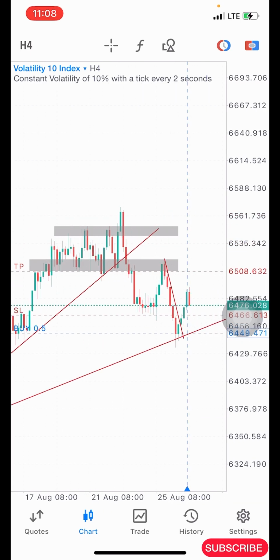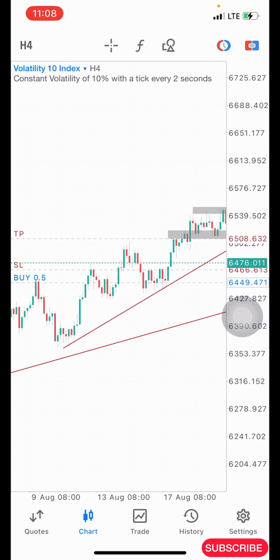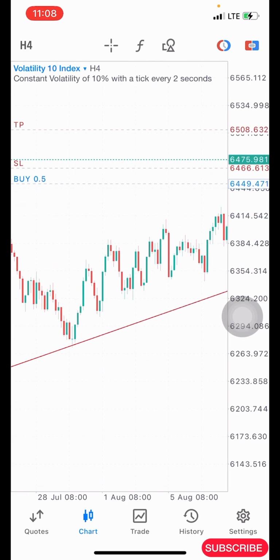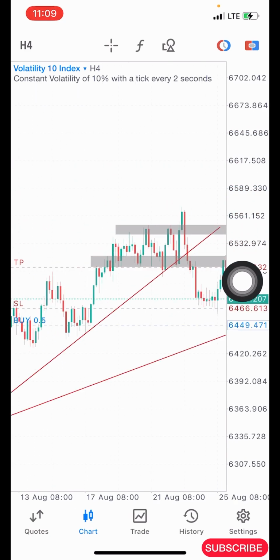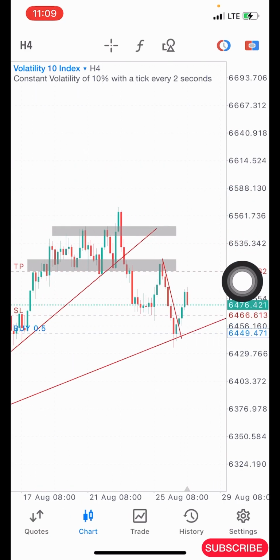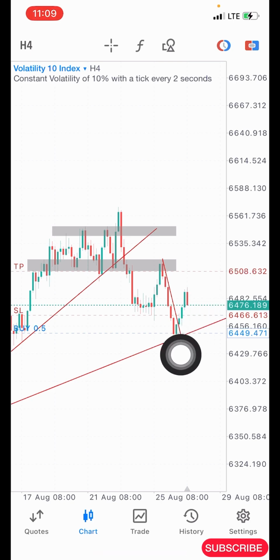Around that area I found a very strong support and resistance zone. This daily trend line here is a very strong support and resistance zone. I know that no matter what, price is going to bounce up from here. Even if it doesn't go further to the upside, it's going to bounce a little bit from this area.